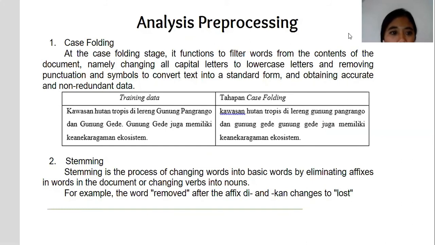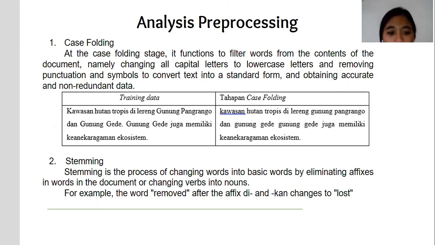First, case folding. At this stage, it functions to filter words from the contents of the document, namely changing all capital letters to lowercase letters and removing punctuation and symbols to convert text into a standard form and obtain clean and non-redundant data.